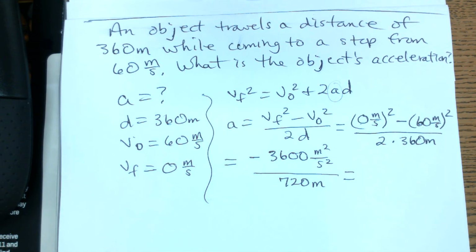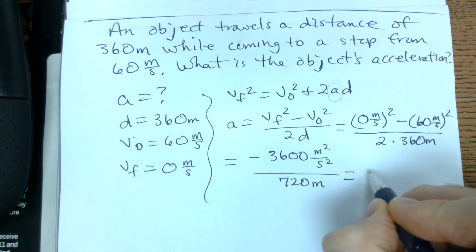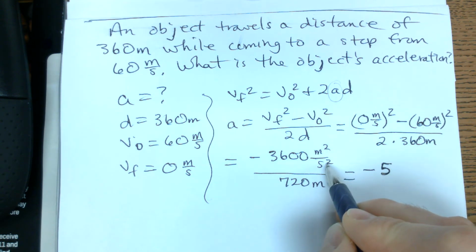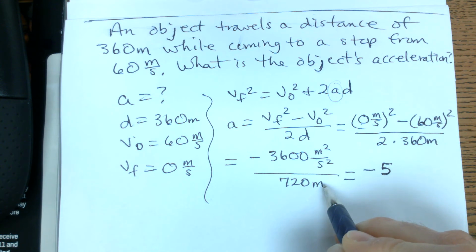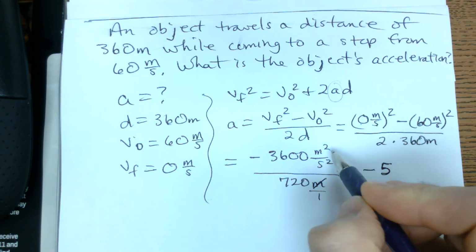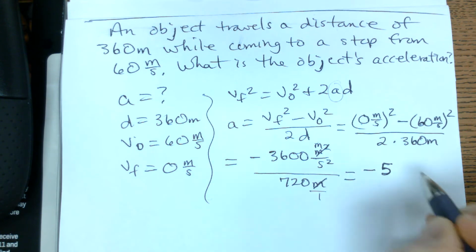So when I take negative 3,600 divided by 720, I get, now that's a negative sign, so that's negative 5. And then I have meters squared per second squared divided by meters. And if you go through the unit cancellation, this meter cancels because it's like meters over 1. And one of these meters cancels, and I'm left with meters over seconds squared.